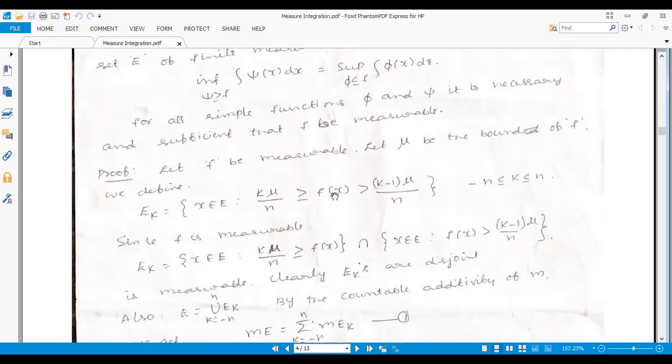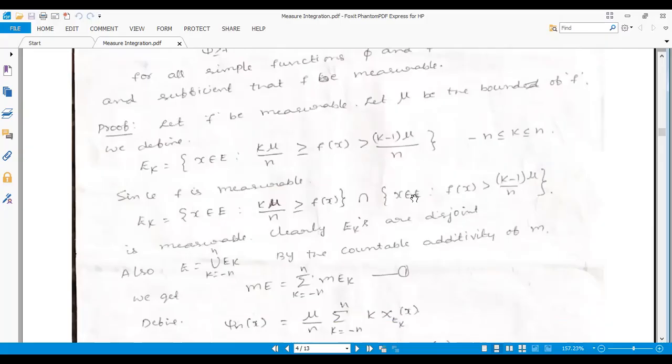Here, since f is measurable, this can be split into an intersection of two measurable sets. That is why E_k can be represented as the set of all x belongs to E with k mu by n greater than or equal to f(x), intersected with the set of all x belongs to E such that f(x) is greater than (k minus 1) into mu by n.